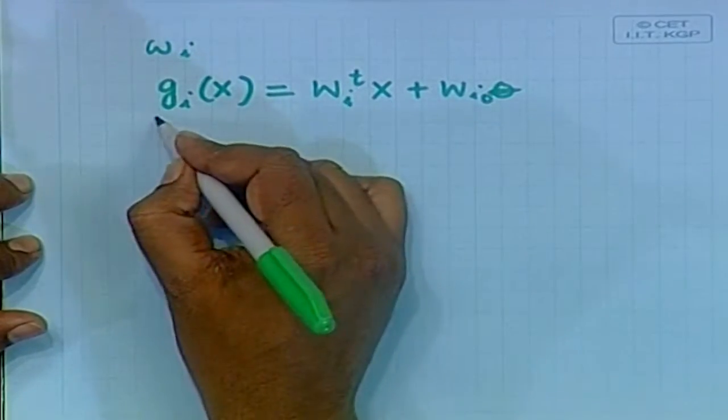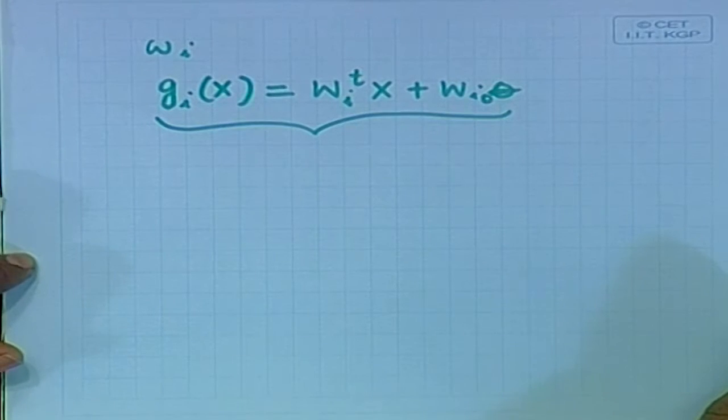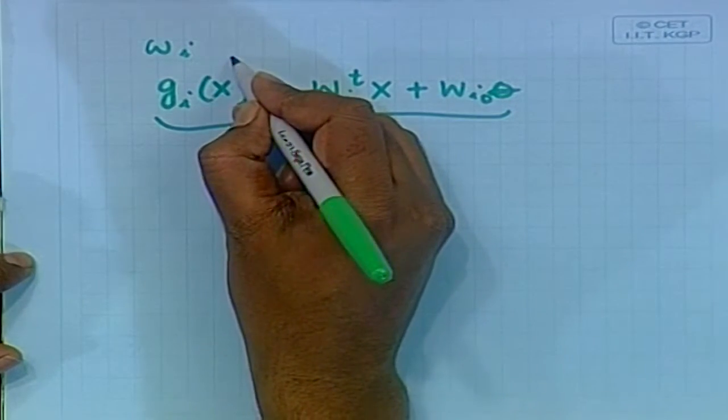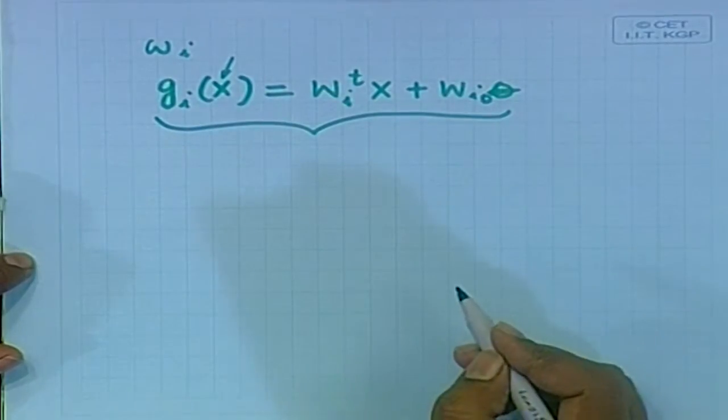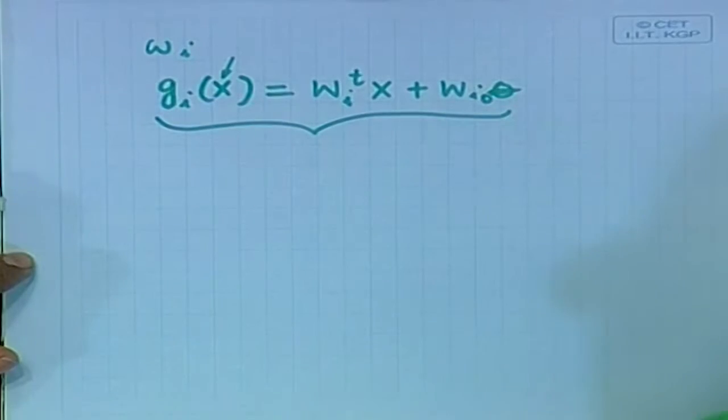So this is the linear discriminant function for every class i. For any given unknown sample x, I have to compute this discriminant function for all values of i varying from 1 to c, if c is the number of classes. Then for whichever i g_i(x) is maximum, we classify x to that particular class.